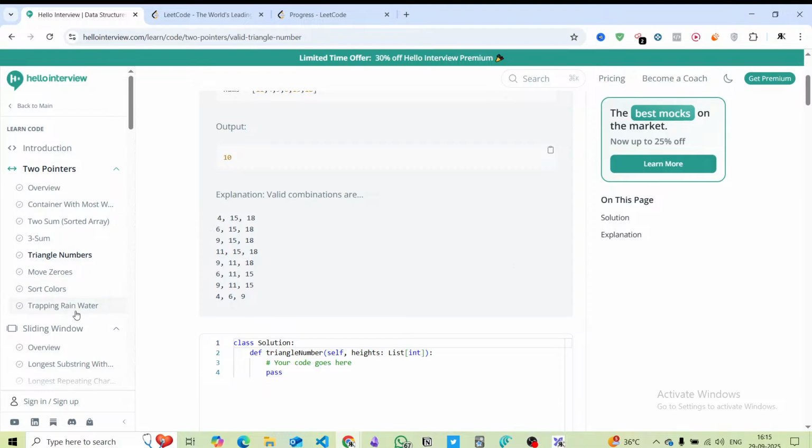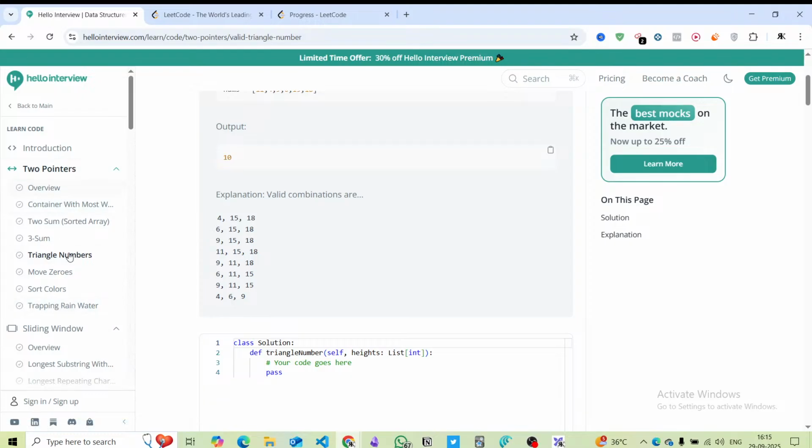So for that, you split the problems based on which technique needs to be used. For trapping rainwater, there's the container with most water. If you solve that one, you may get a small logic in your mind on how to approach trapping rainwater.